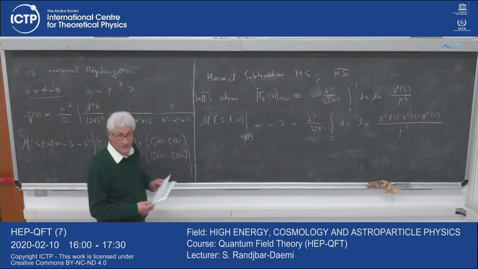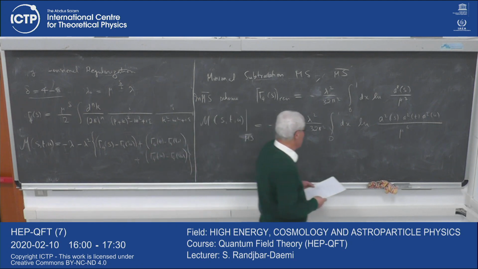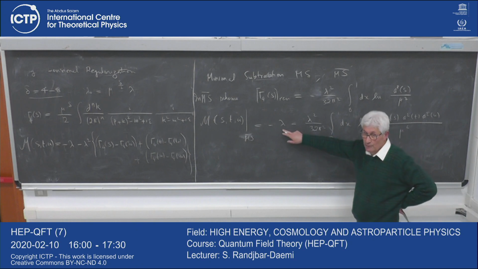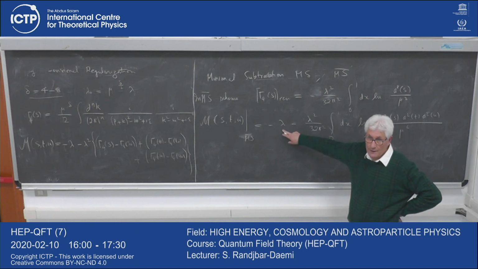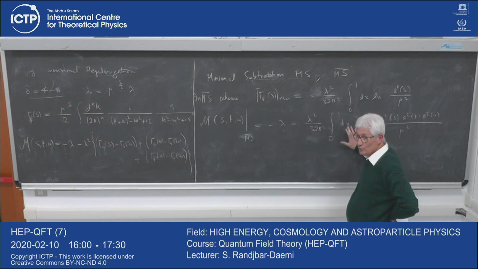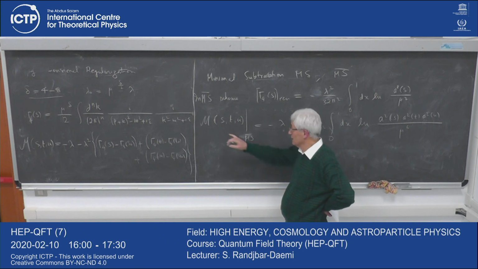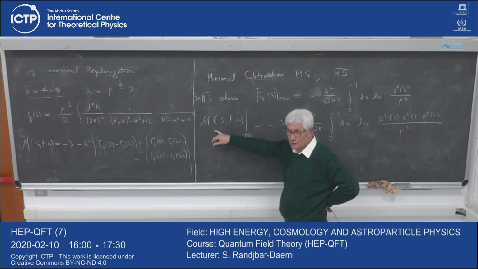The only way it is not going to depend on mu is that this lambda also depends on mu in such a way that the mu dependence of lambda and this explicit mu dependence cancel out up to the order that we are calculating and make this scattering amplitude mu independent.